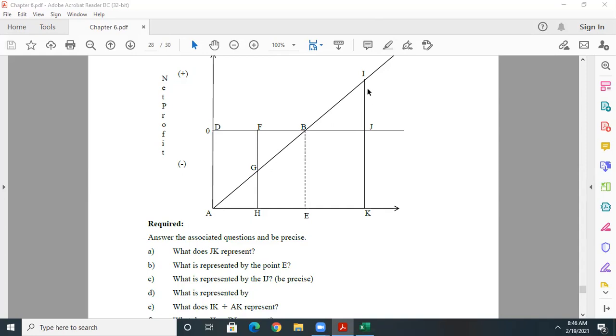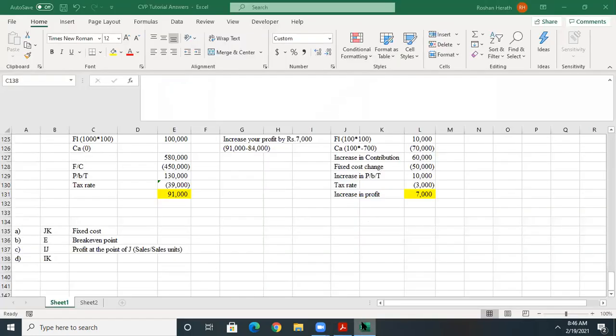It's about the contribution at the point of J. Here you have the fixed cost, and here you have the profit. If you take the profit plus the fixed cost, that's going to be the contribution. Good job. It's the contribution at the point of J.